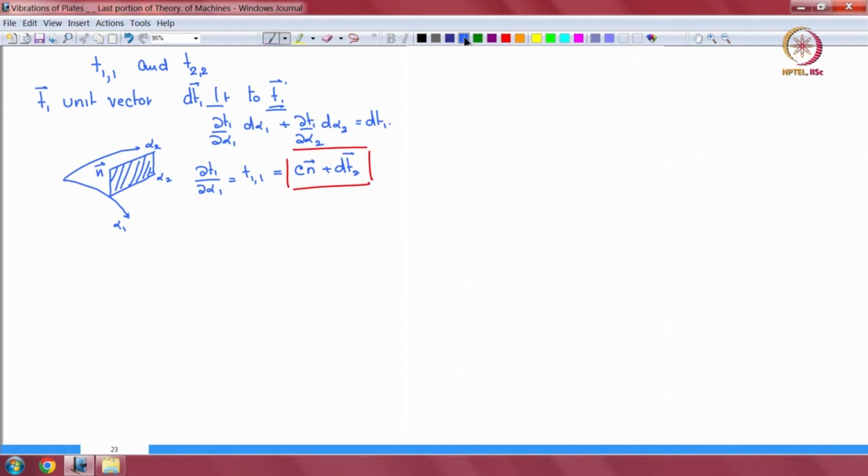Now, if I dot this with N, so N dotted with T1 comma 1 gives me C N dotted with N plus D N dotted with T2. N dotted with T2 is 0, so this gives me C. So, this C I get from here.